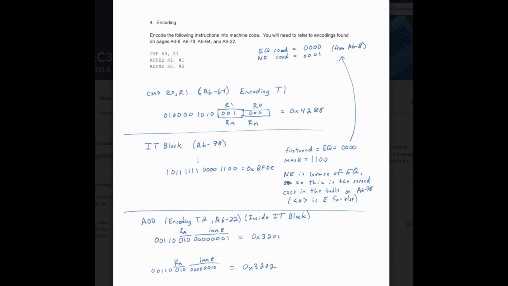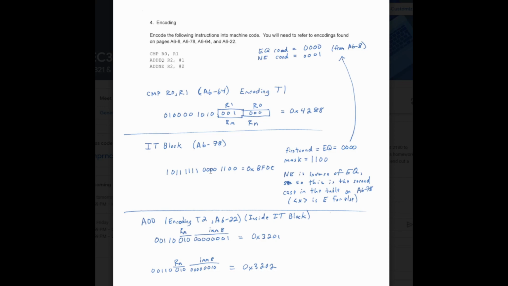The second one is called X here. And we look at X as either a T or an E, basically, is what this encodes. So T would mean that we had 2 things that were EQ in a row. So if we did ADD EQ, X would have been a T, and that would mean that we are using the same condition as first cond. And that's what we would encode into mask.